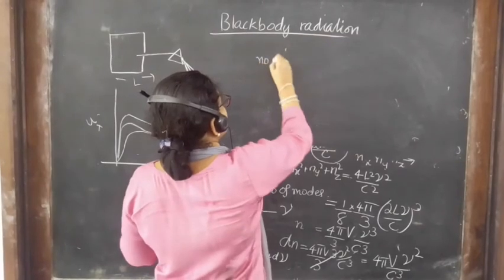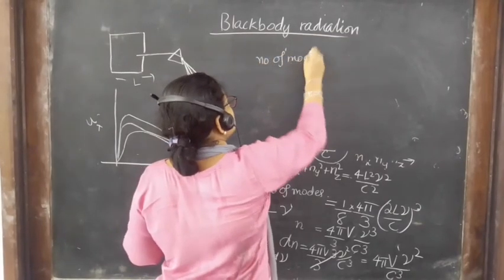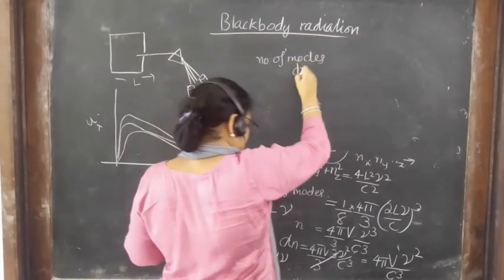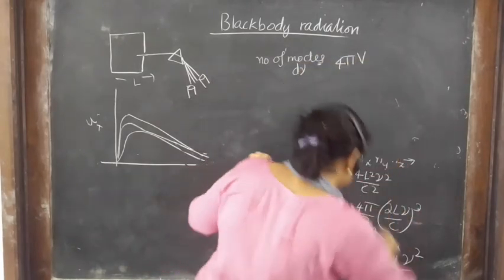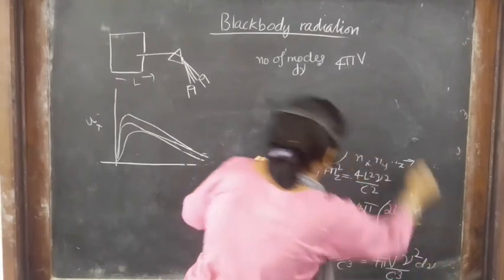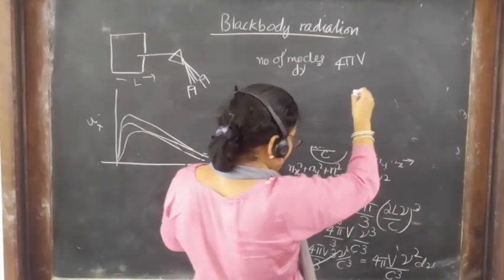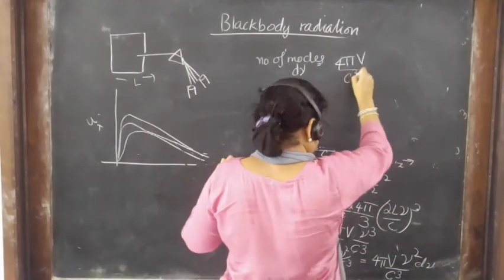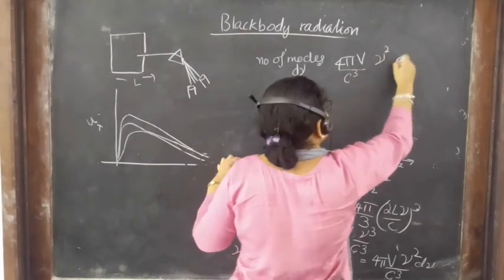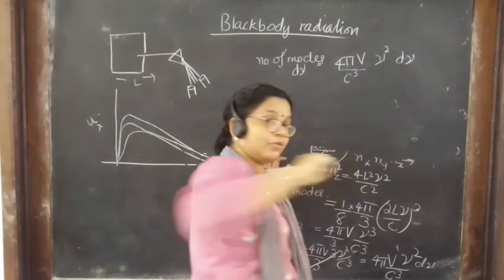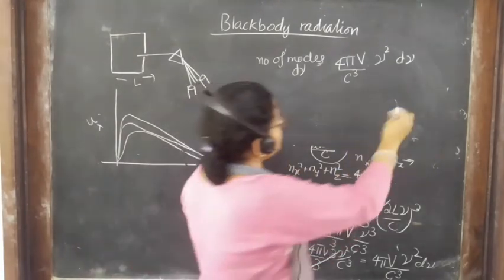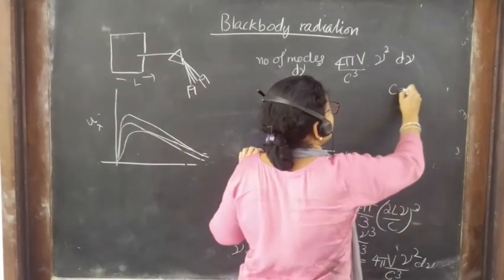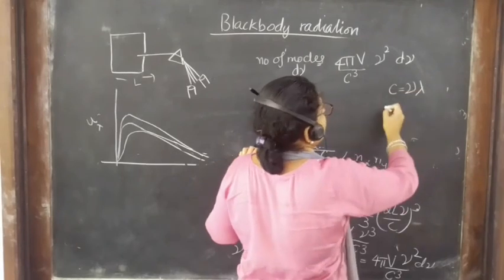The number of modes in the range mu to mu plus d mu is 4 pi l cube by c cube mu square d mu. Whenever we have to convert from mu to lambda, we use c equal to mu lambda.